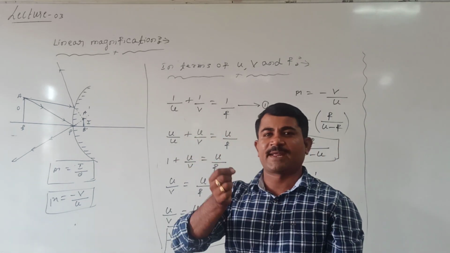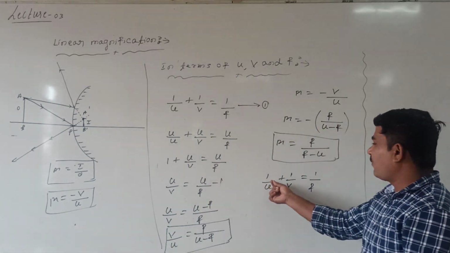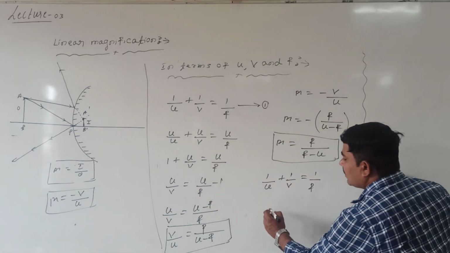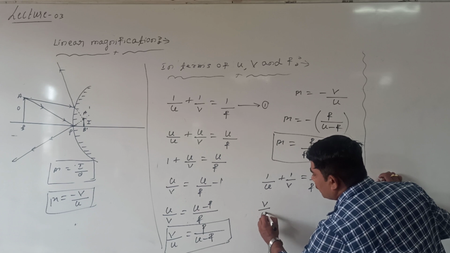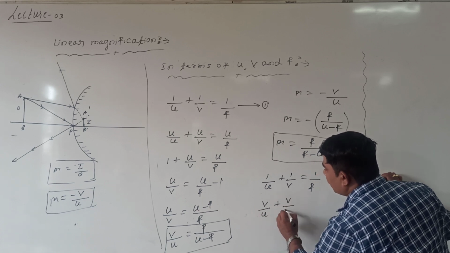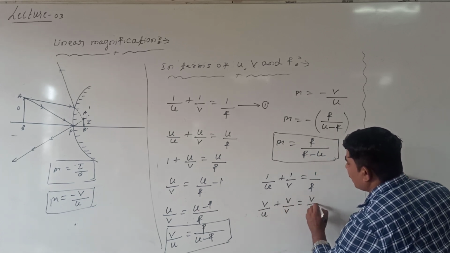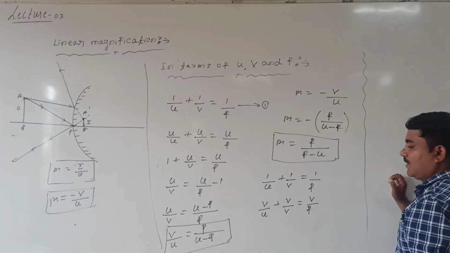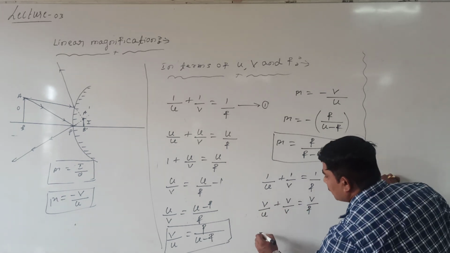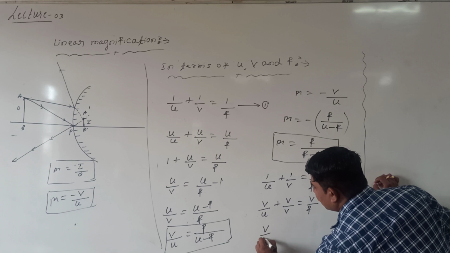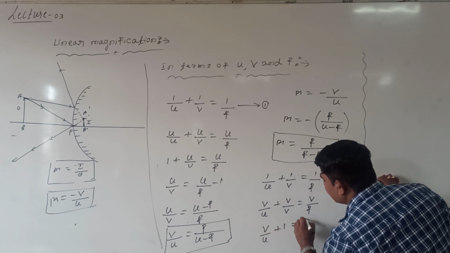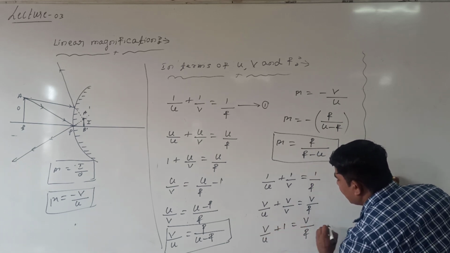So V divided by U plus V divided by V is equal to V divided by F. V by V is equal to 1, so this value plus 1 is equal to V divided by F.